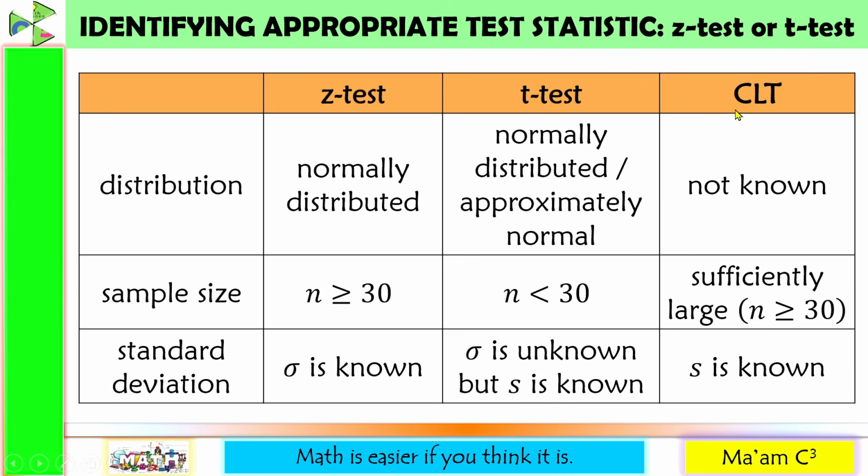And we apply CLT, Central Limit Theorem, if we do not know if the distribution is normally distributed or not, but we have sufficiently large sample size, meaning n is greater than or equal to 30, and the sample standard deviation is given.